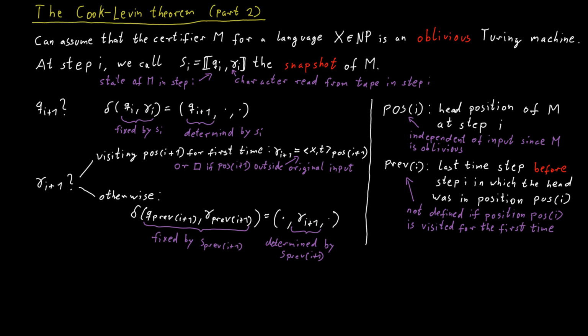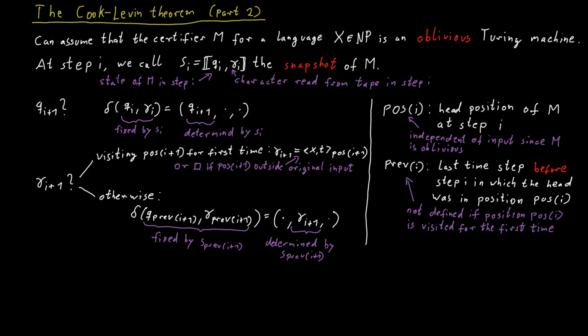So what character is written at time pref(i+1) is completely determined by the snapshot at that time. And so we know that gamma(i+1) is either determined by the snapshot of pref(i+1) or of the input bit at position pos(i+1). So either of those two things.